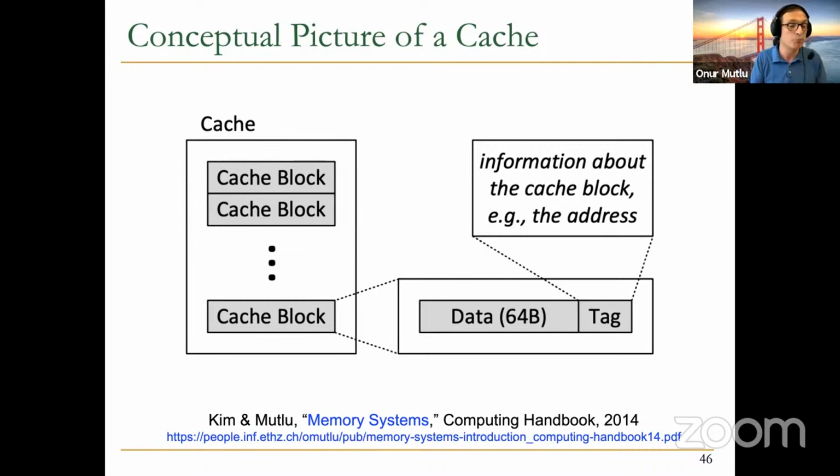There has to be some portion of the address so that you can identify what memory address this data is from. But there could be optionally dirty bits, like a modified bit. There could be optionally replacement policy bits so that it can enable you to make a better eviction decision in terms of which cache block you should evict. And there could be even other bits that help you make a better decision in terms of prefetching or insertion, etc. So we will talk about those later. But this is the conceptual picture, basically.